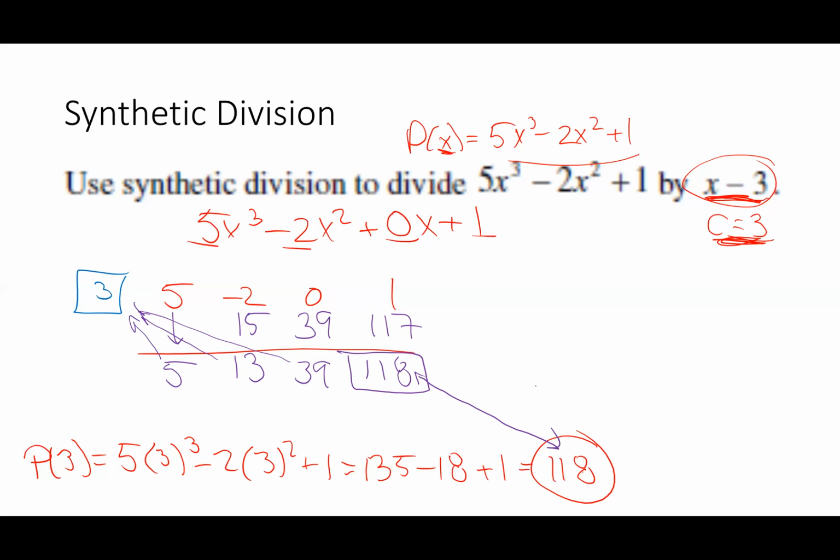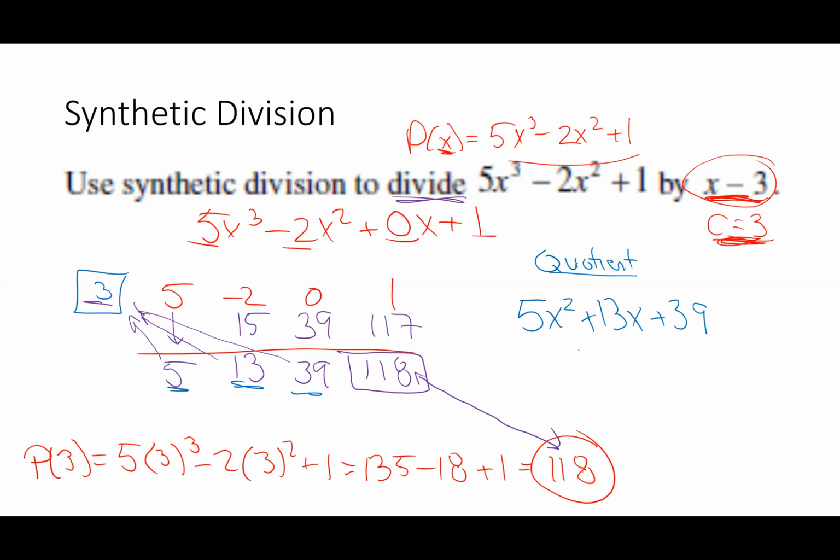Basically, what I did was I found a way to plug 3 into this function by secretly doing division. Now, here's the thing. I'm not asking you to evaluate. I'm asking you to actually do the division. So this 5 is now 5x squared in my quotient, this 13 is now in front of the x, and this 39 is my constant.